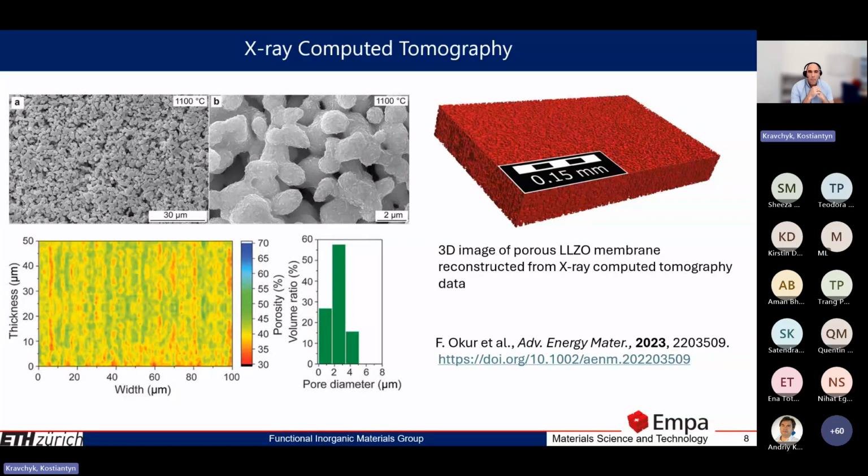Basically, with this tomography, you can identify not just the porosity of the membrane, but also how this porosity is distributed along the thickness and along the width of the membrane. And from this type of information, you can get an idea about the connectivity of the pores, about pore size, etc.